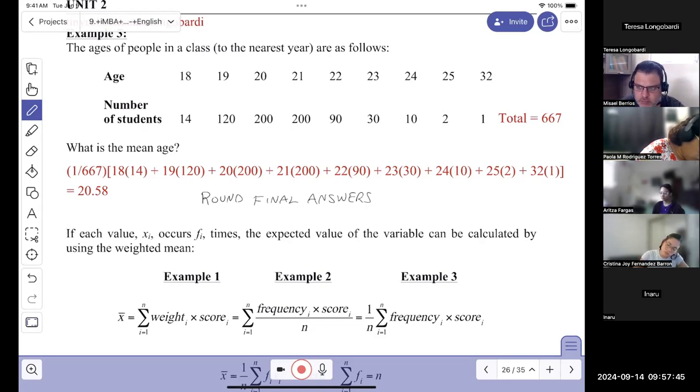And if you follow this rule, you usually get the same answer as me. Round final answers to 2 more decimals than found in the original data.